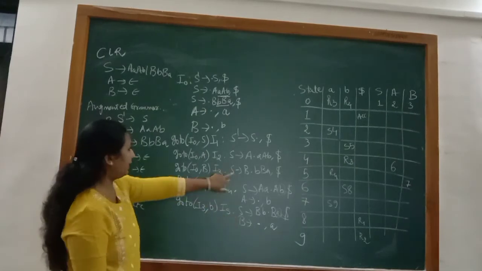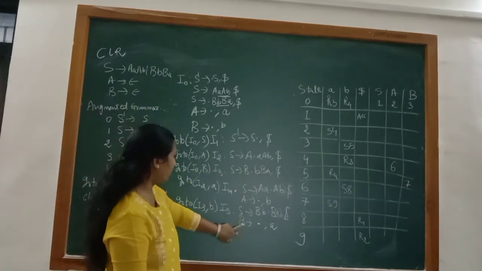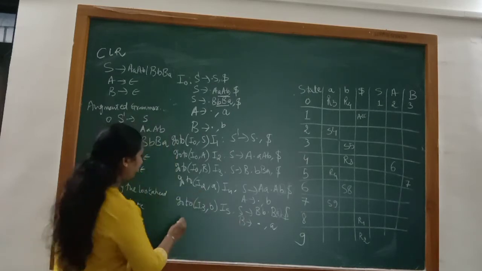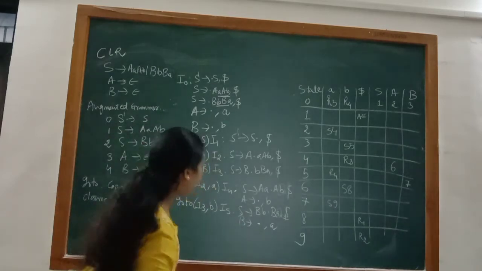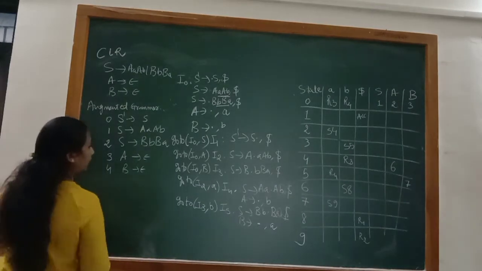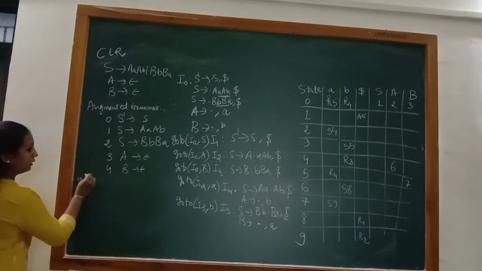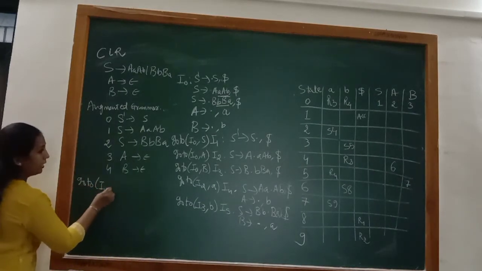Okay, so in I3 when we get B, this is the production that we get on the next items at I5. Now we have to check go to I4. Okay, so go to I4.